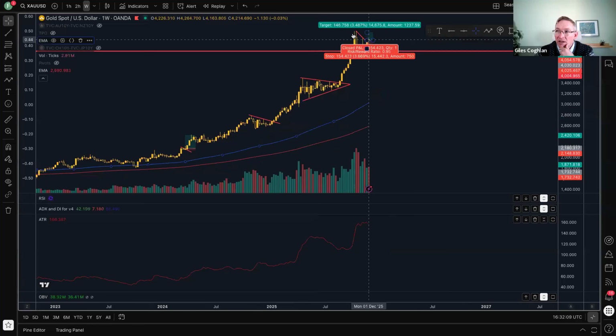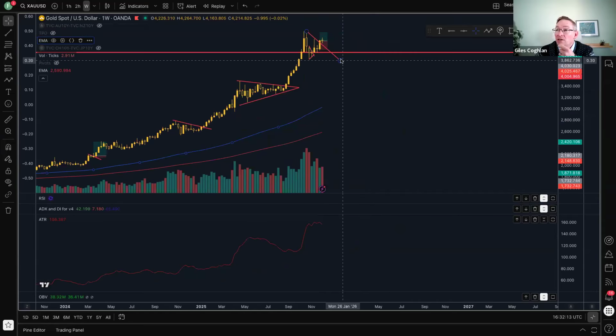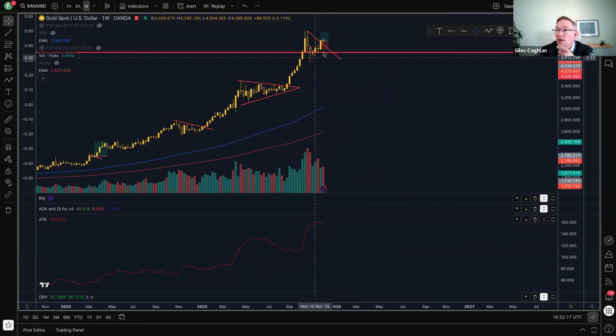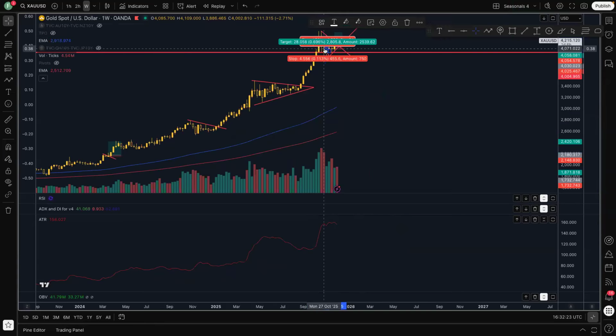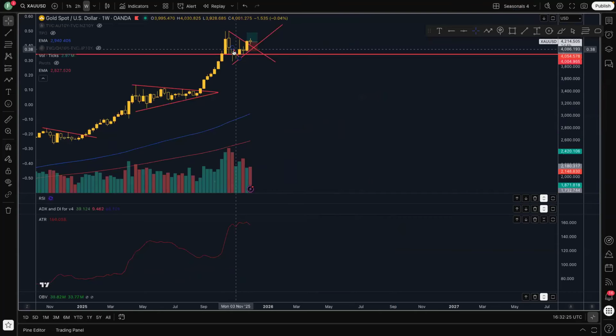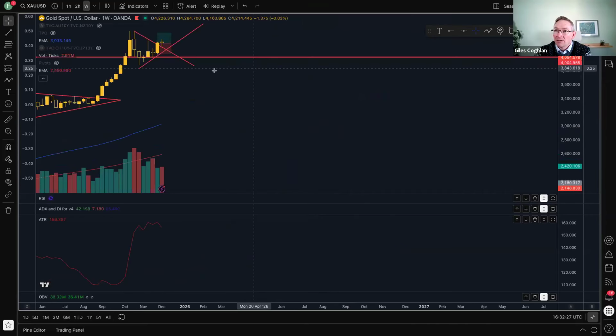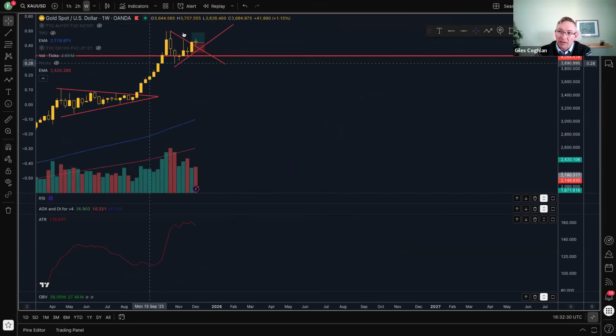You see? And you could look at this and say, well, okay, is this a symmetrical triangle pattern, or is that more like a high tight flag? Right. Very nice. In fact, I really like that setup.